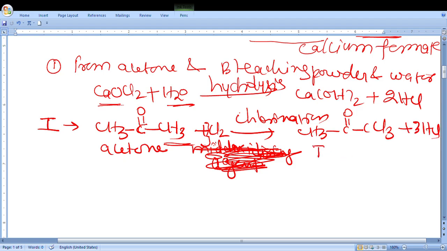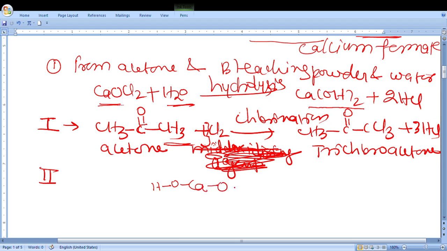This is called trichloroacetone. Then step 2 will be, this trichloroacetone is treated with calcium hydroxide. We need to prepare chloroform, so we will write calcium hydroxide as open bonds.